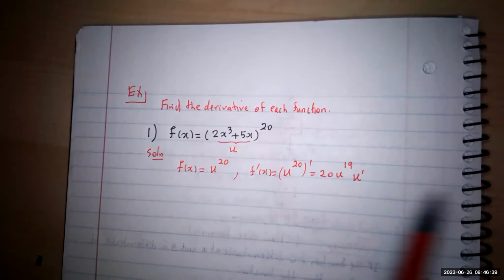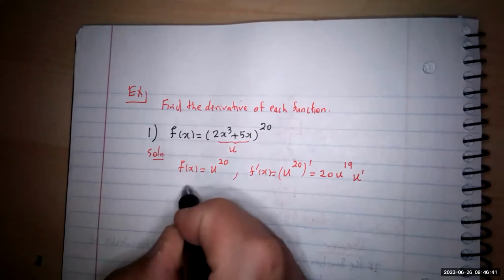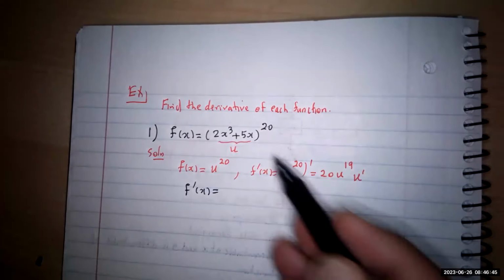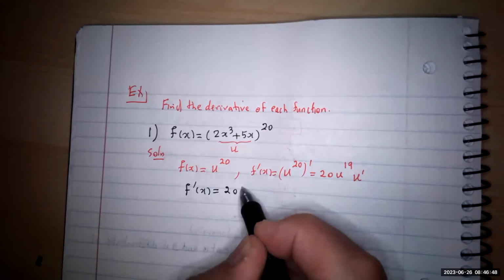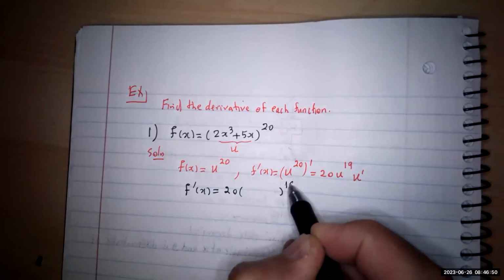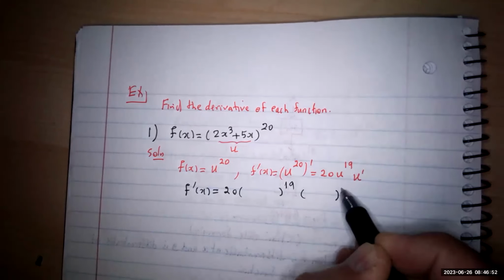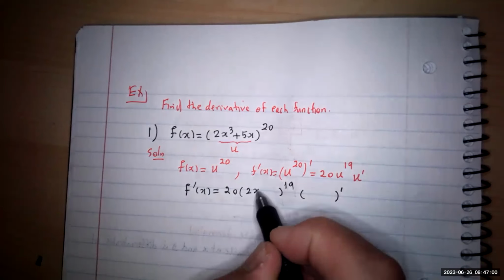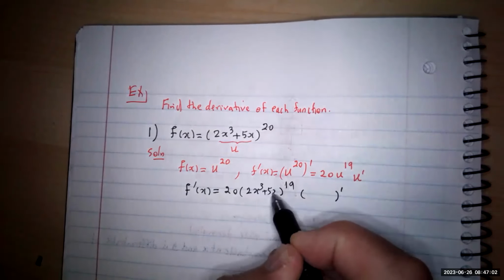Now copy this formula. So if you copy the formula, f prime of x would be power down 20, you see, 20, 19. That's the first step. Then derivative of the inside. This is the way you do it. So that would be 2x cubed plus 5x.